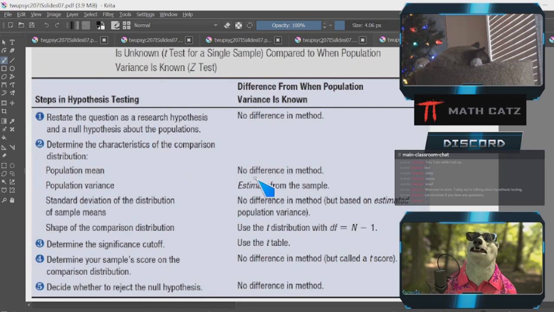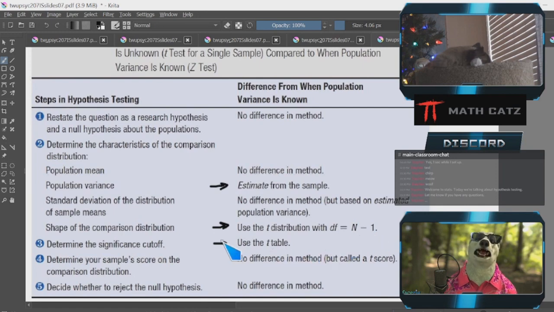Population mean, no difference. Population variance, yes, I do now estimate that from the sample. Difference over there. Standard deviation, no difference. Take it from my estimated variance. Shape of the comparison distribution, yeah, different. It's now called a t-distribution. Degrees of freedom, sample size minus 1.